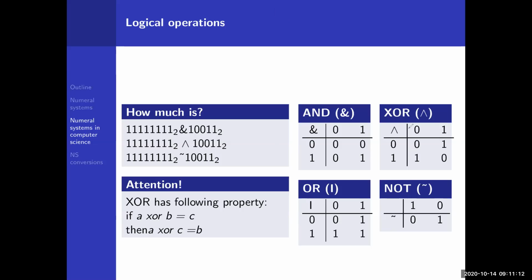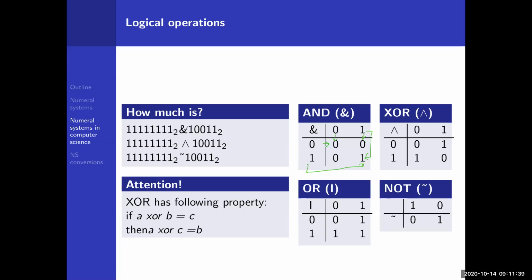So I have information how a particular operation behaves. When I take 0 and 0, the result will be 0. When I take 1 and 0, the result will be 0. But when I take 1 and 1, the result will be 1.